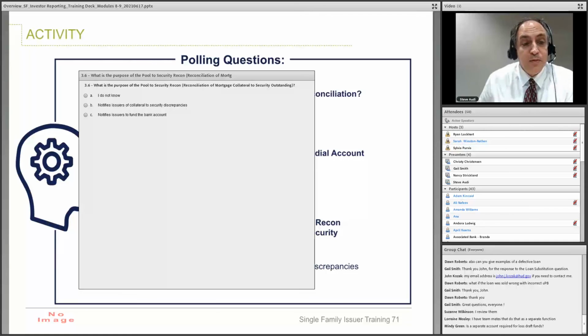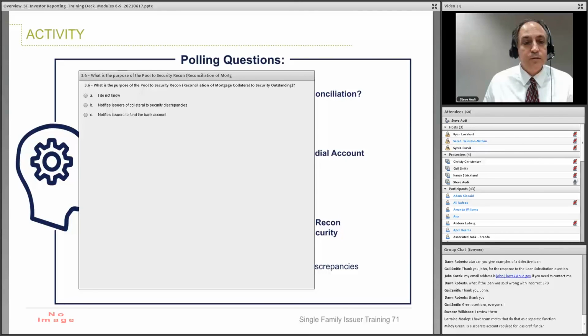What is the purpose of the pool to security recon that Christy just talked about? A: Reconciliation of mortgage collateral to securities outstanding. I'll give you a hint on this one.